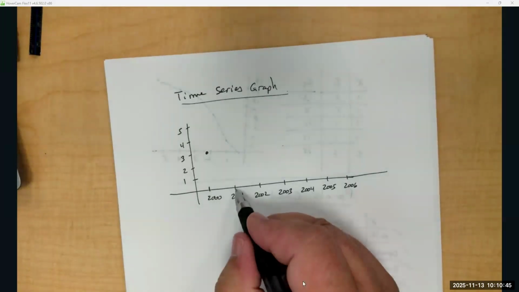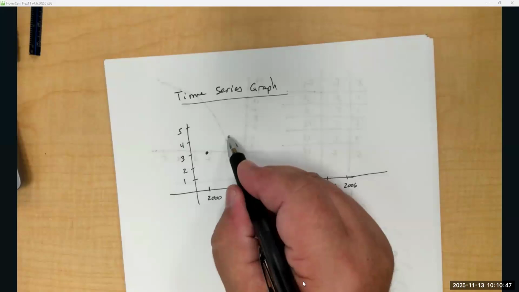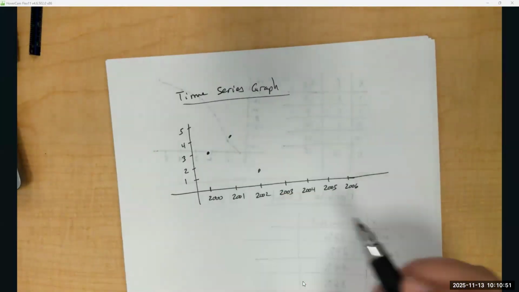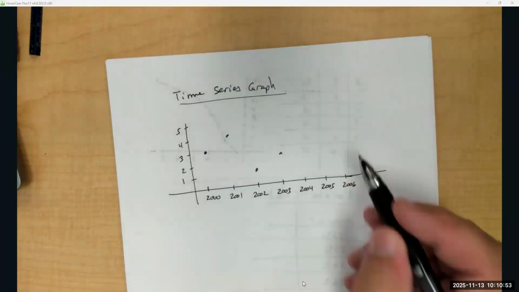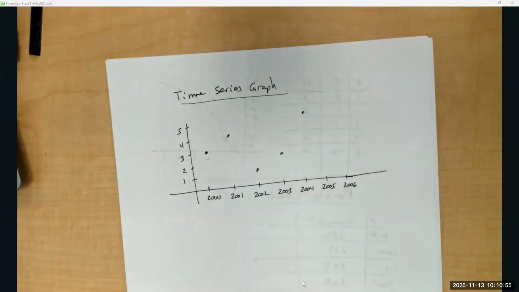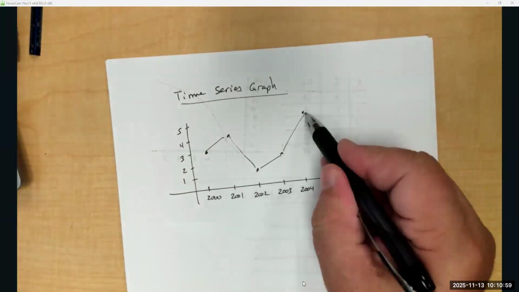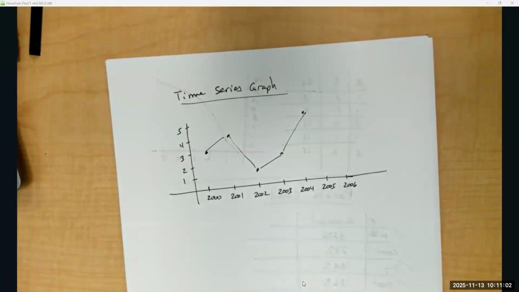In the year 2001, how many first place finishes did I have? I had 4. Then I had 1. Then I back up. That's a time series chart, a graph. I look over time, what happens at each time interval?